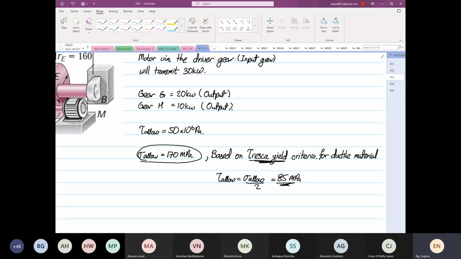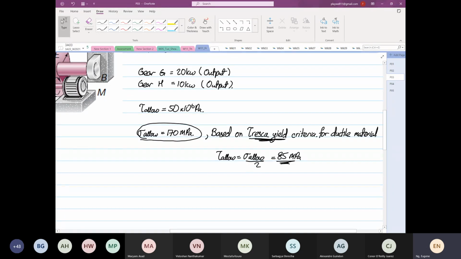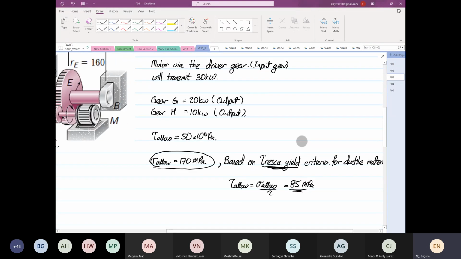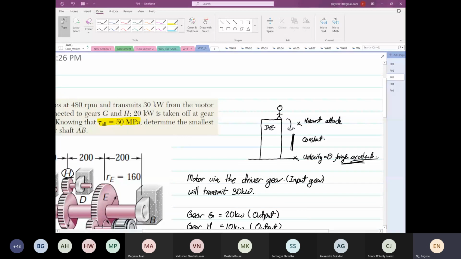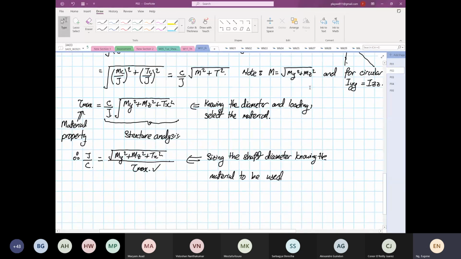Okay, so we are going to analyze two things first. If you look at our equation, our equation is shear allowable. So let's see where's our equation. Let me bring our equation over. Okay, so this is our equation.